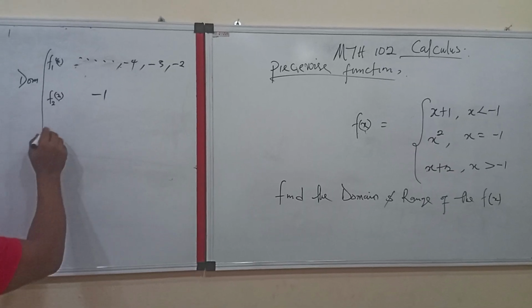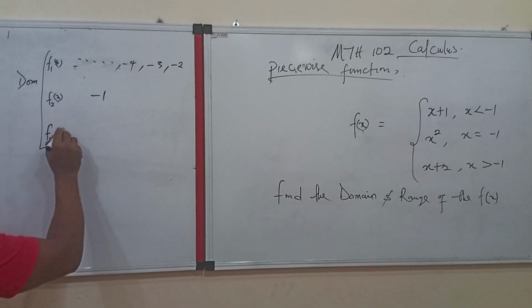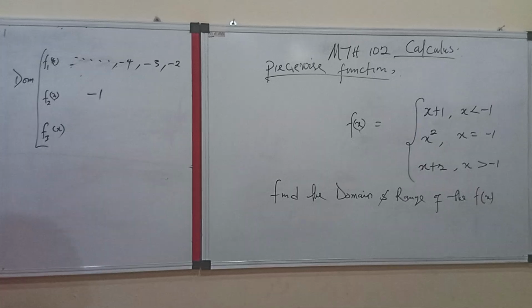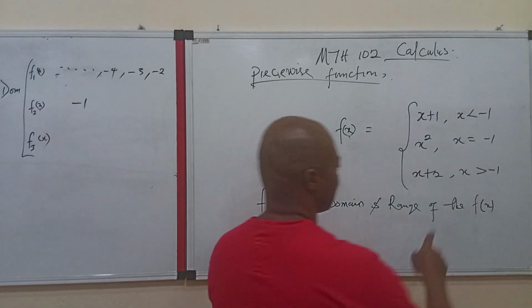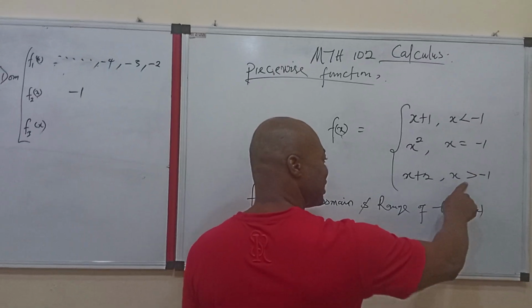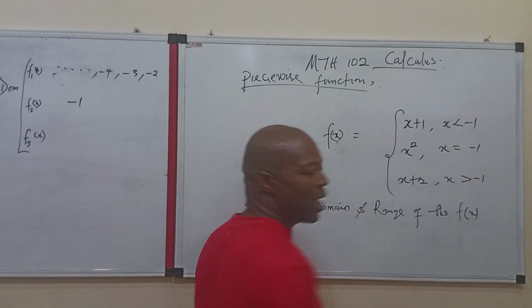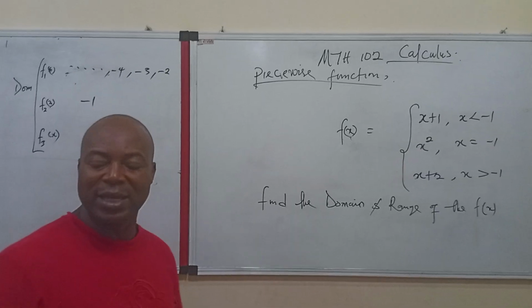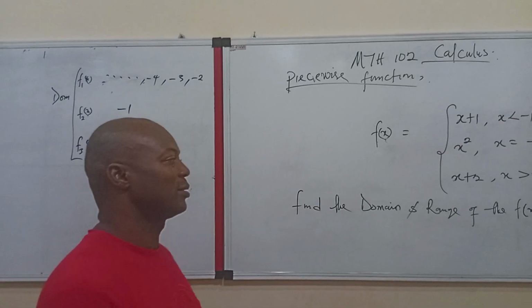Now for the third small function, this one na interval. E say x is greater than -1. Say x, the value wey x dey take go big pass -1.